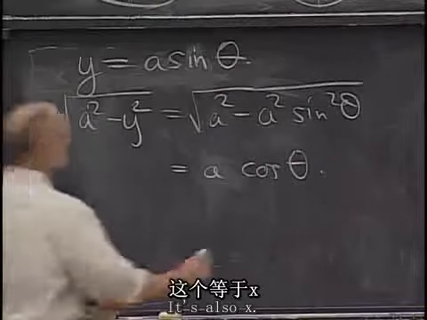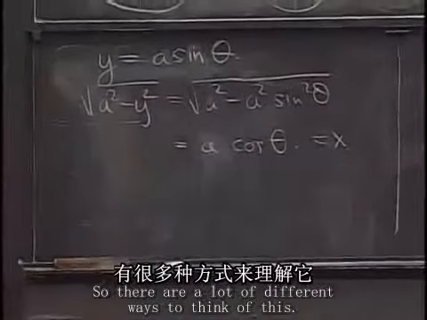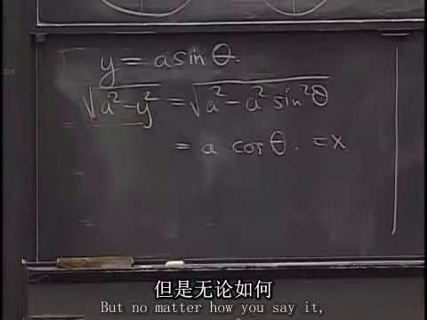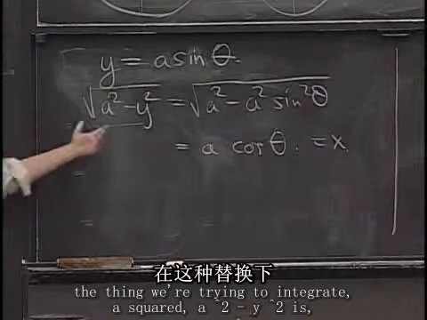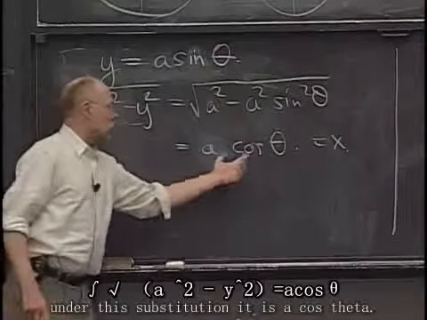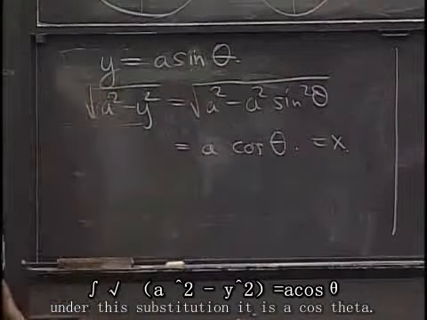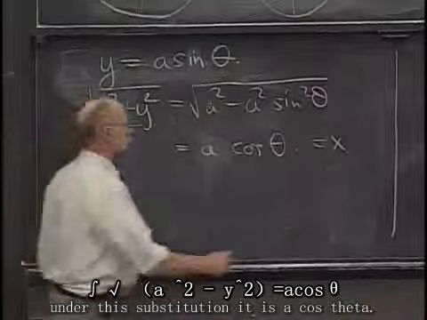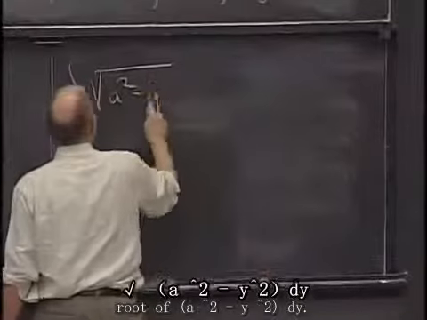It's also x. This is x. So there are a lot of different ways to think of this. But no matter how you say it, the thing we're trying to integrate, the square root of a squared minus y squared, is, under this substitution, a cosine of theta. So I'm interested in integrating the square root of a squared minus y squared dy.